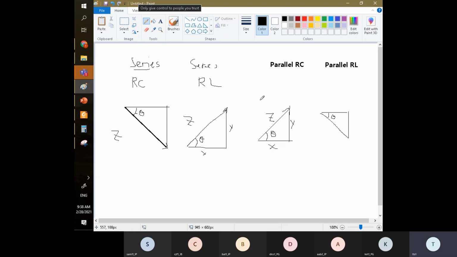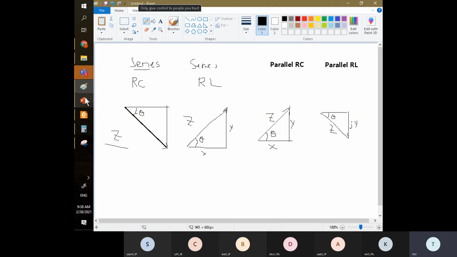But I'm not talking about the impedance Z. So you just need to know that series is in this form, parallel is opposite.